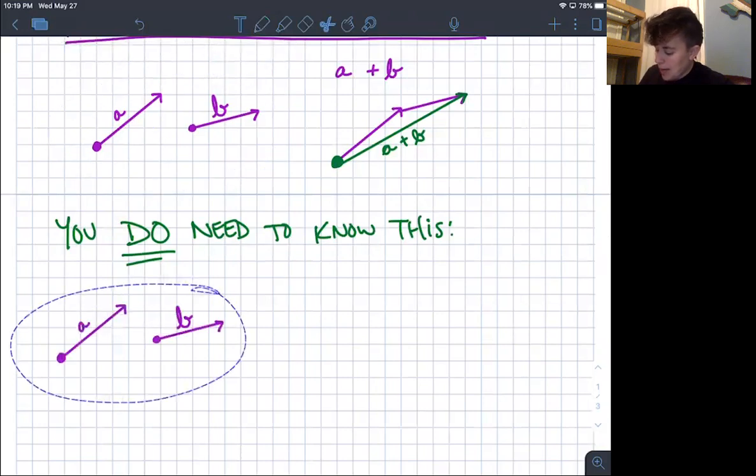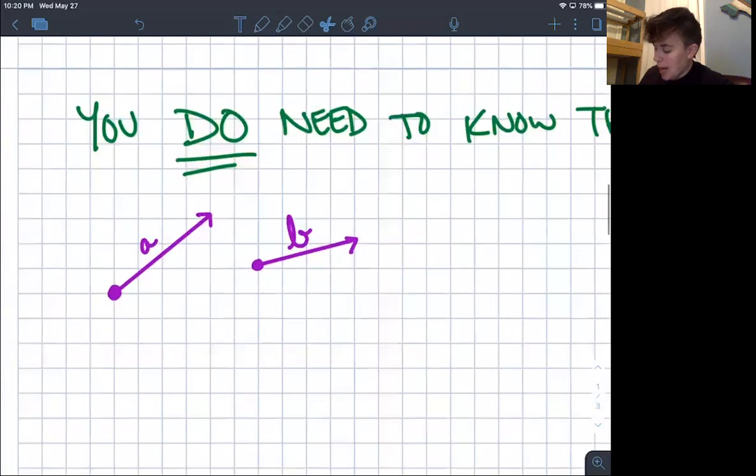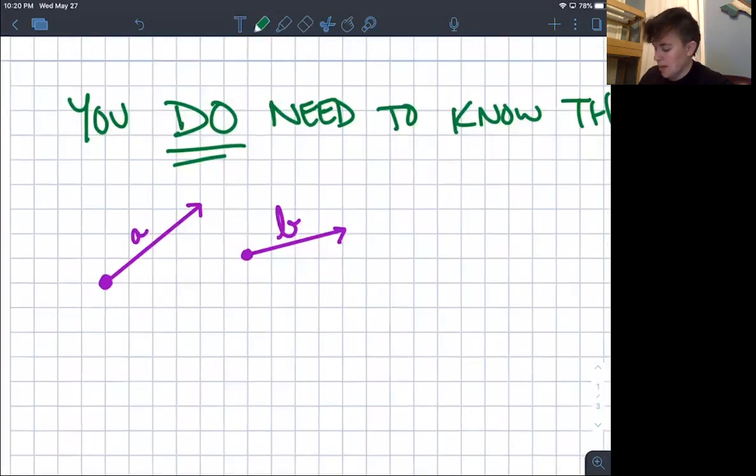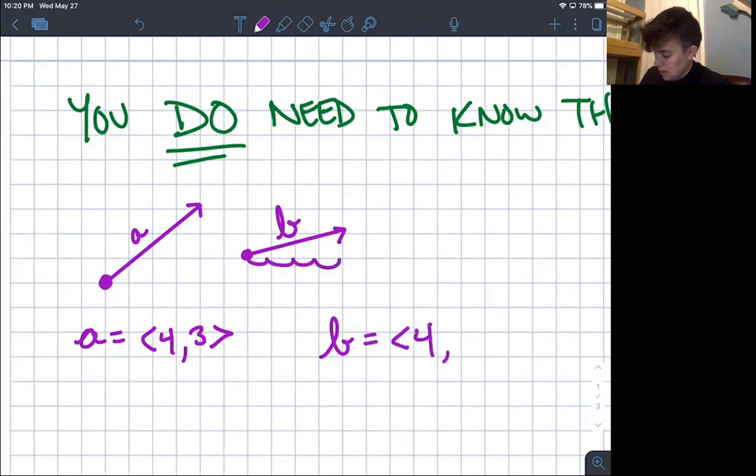We have vector A, and vector A equals 1, 2, 3, 4, so 4, comma 1, 2, 3, so 3. So vector A is <4, 3>, and vector B equals 1, 2, 3, 4, so 4, and then up 1, so <4, 1>. And I ask you to find A plus B.